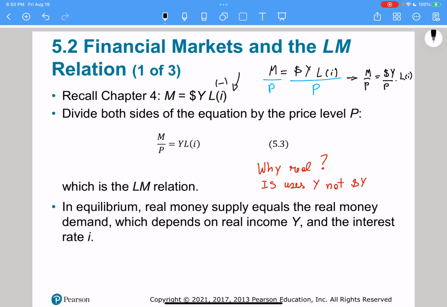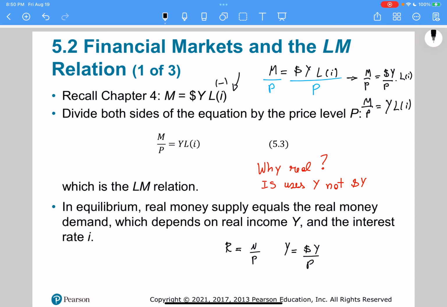If you remember what I told you before, when you have a real variable, that real variable is the nominal variable over the prices. So the real output is the nominal output over the prices. Therefore, this guy here, you can put M over P equals Y L(i).